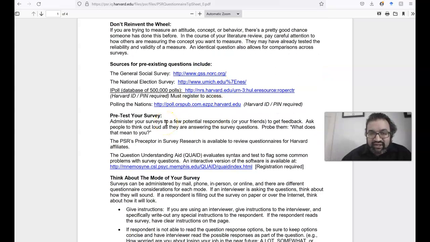Then the next stage is to think about how to administer the survey. Pre-test it on potential respondents, maybe among a close group of friends, and get some feedback from it.